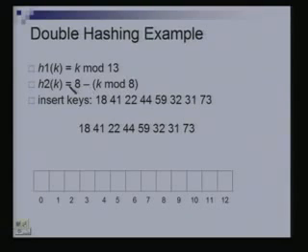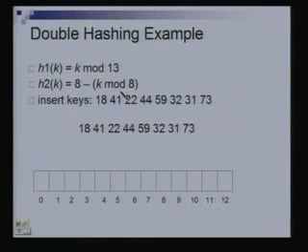So it will always be a number between 1 and, no, it cannot be 0 because k mod 8 lies between 0 and 7. So it is between 1 and 8. 0 does not make any sense, right? If it is 0, then we are in trouble. If h2(k) is 0 for some k, then that means that you are continuing looking at the same place, and if that place were occupied, then you cannot insert the element at all.